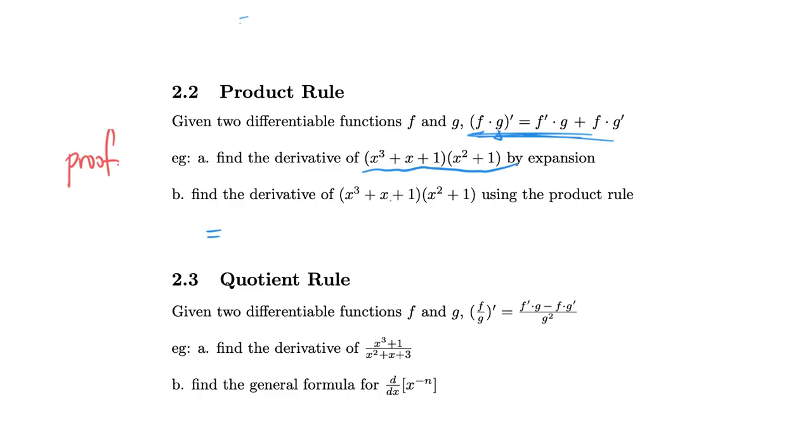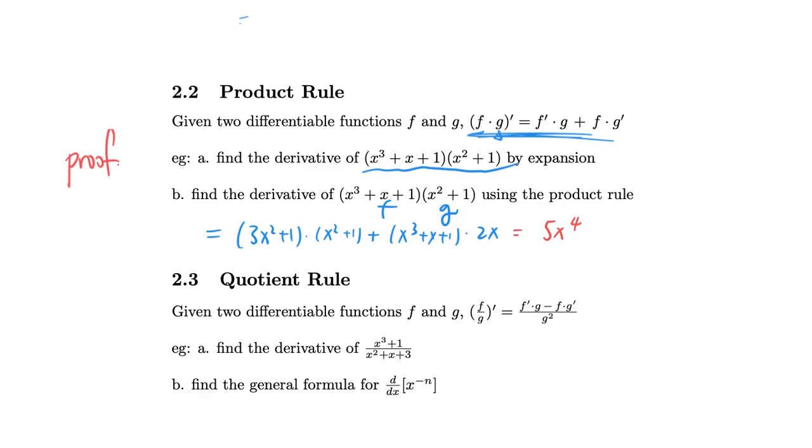So we can let this be f, we can let this be g, and then this would just be f prime g plus f g prime. And then directly you can simplify this to obtain the derivative. Actually, in this example, it's not much easier, but there are other examples where this would become much more necessary.